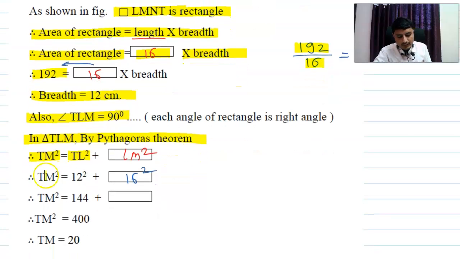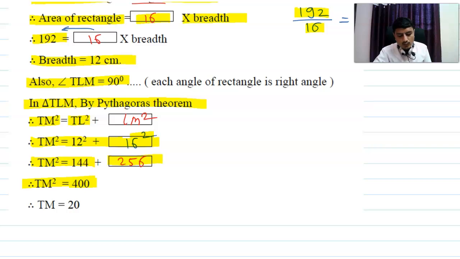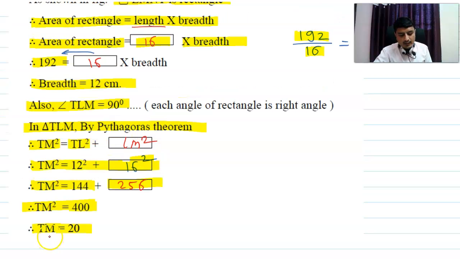So TM square equals 12 square plus 16 square. 12 square is 144, while 16 square is 256. 144 plus 256 is 400, so TM square equals 400. Taking the square root on both sides, TM equals 20. That means TM is the diagonal of the given rectangle, so the diagonal of the given rectangle is 20 centimeter.